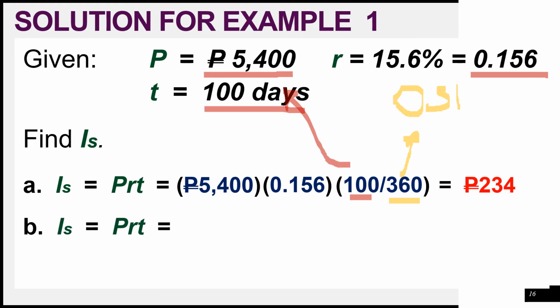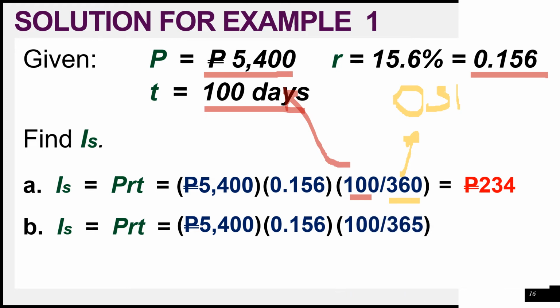Now, let's solve for the interest using the exact simple interest. We have the following data. The principal is again 5,400 pesos. The rate is again 0.156. And the term is 100 over 365.